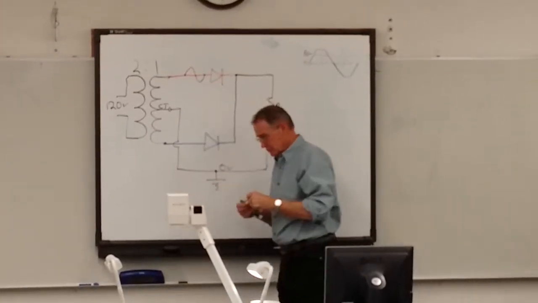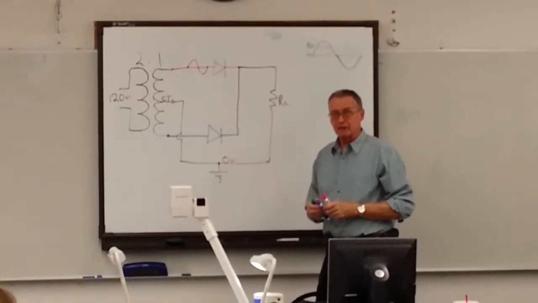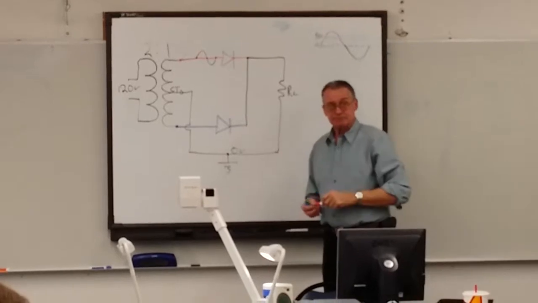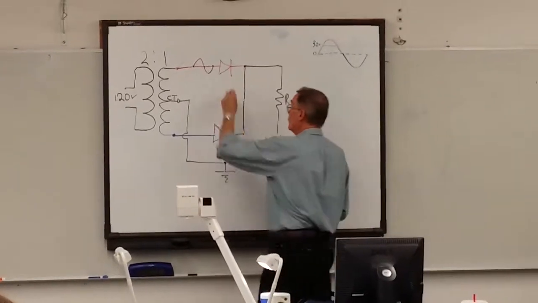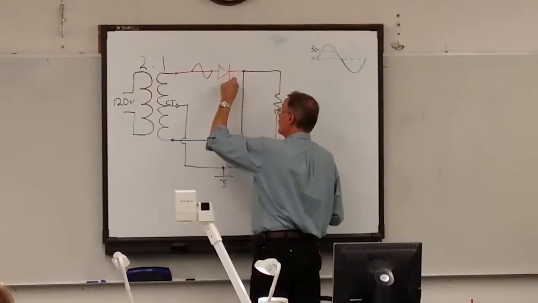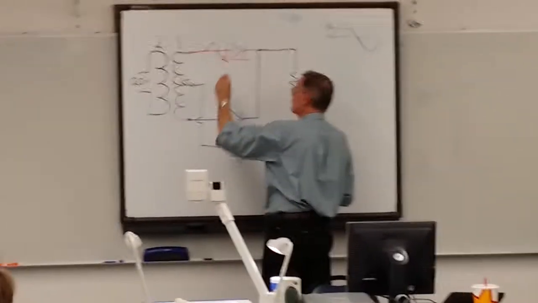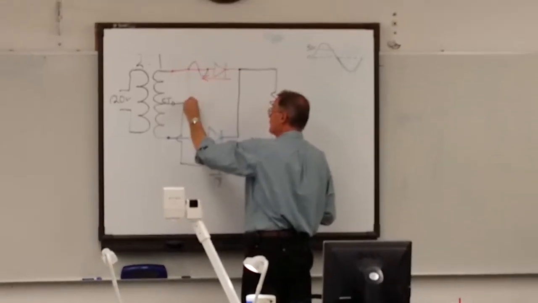Now remember, how does current flow through a diode? Against the arrow, right? So we'll just go ahead and draw a current flowing in this direction. And when the input is positive, here's what you have to know.